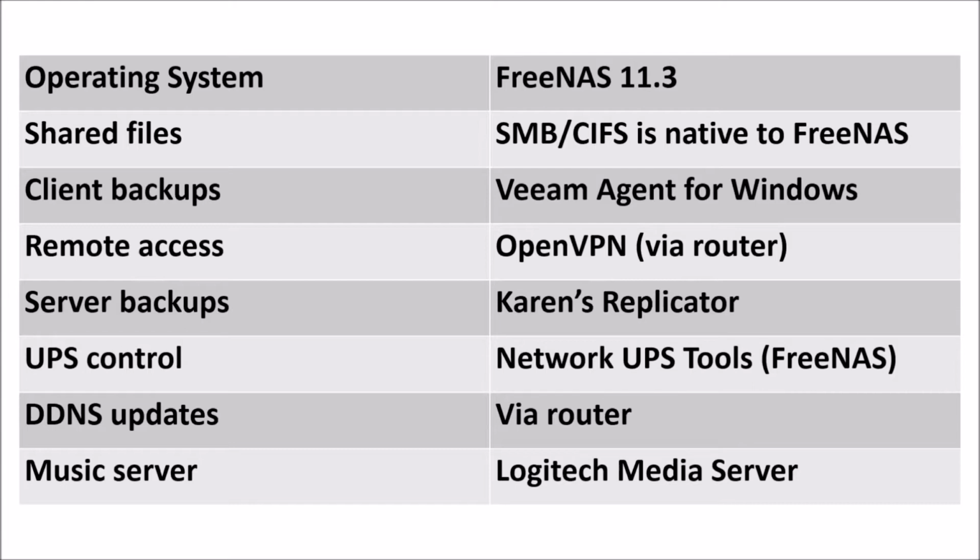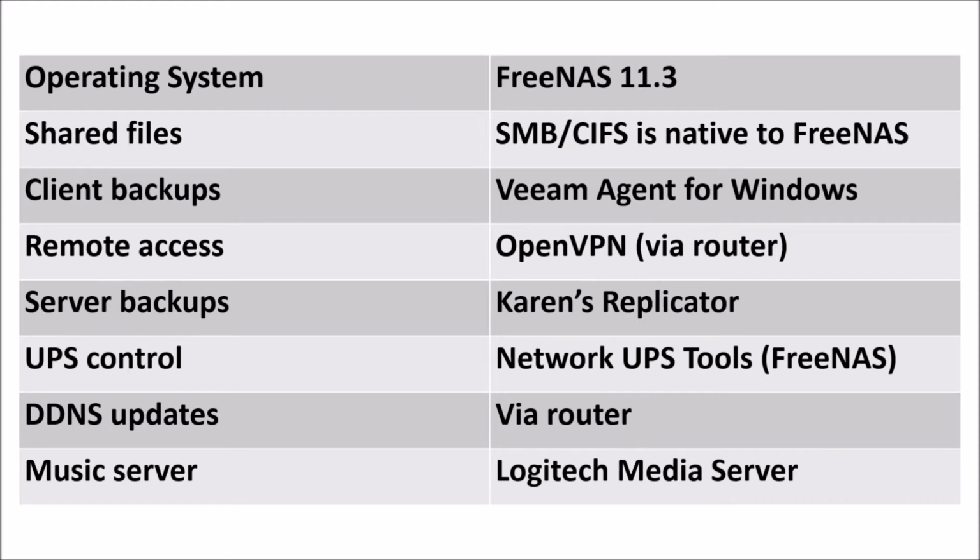For server backups, I run a thing called Karen's Replicator on one of my user PCs, and that will back up the data files from my FreeNAS server. FreeNAS has a built-in plugin that uses a program called Network UPS Tools, or NUT, to do the monitoring of the UPS.